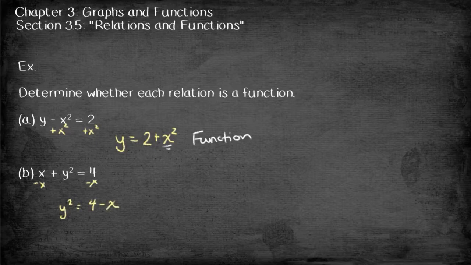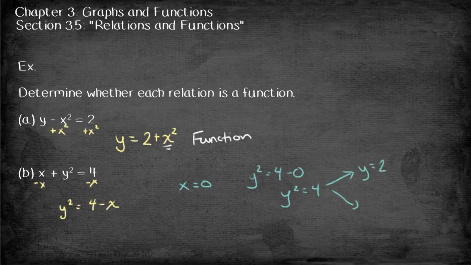Now, if I pick a value of x, let's just say, for example, x equals 0, then I would get y squared equals 4 minus 0, or y squared equals 4. So y is a number that when squared gives me 4. But we know that there's two possibilities here. Either y is equal to 2 or y is equal to negative 2.